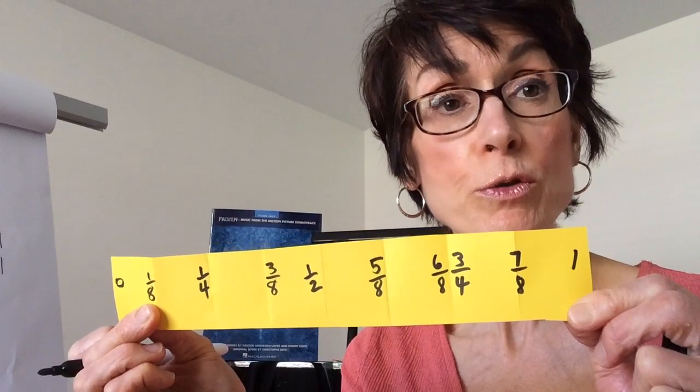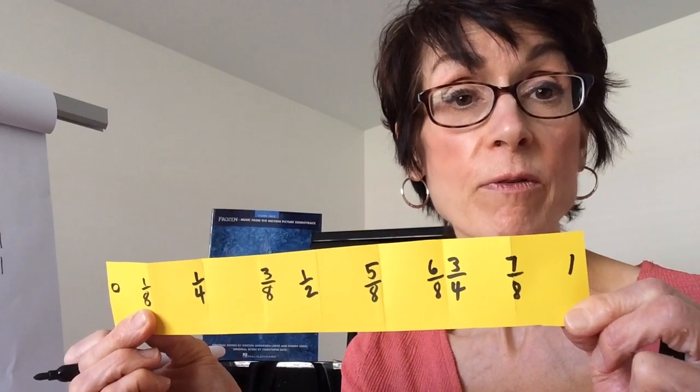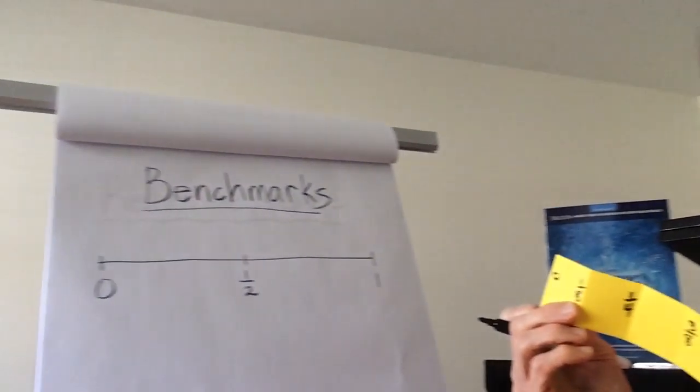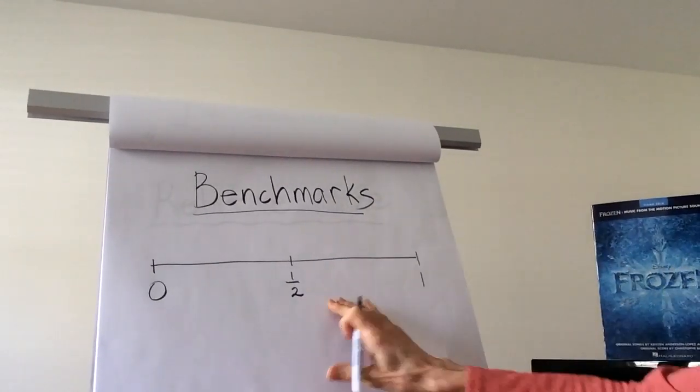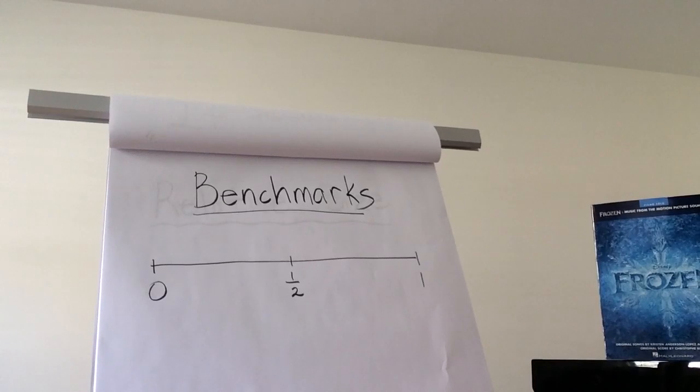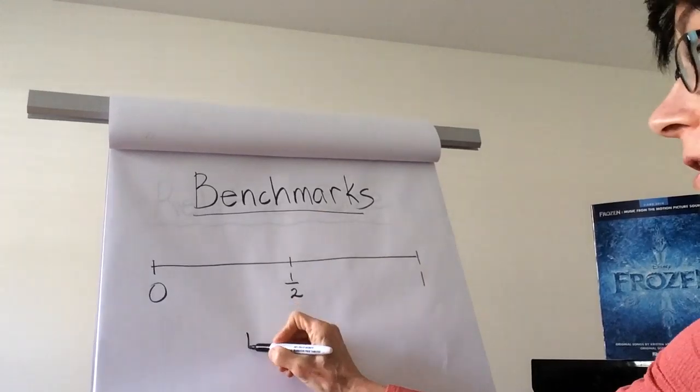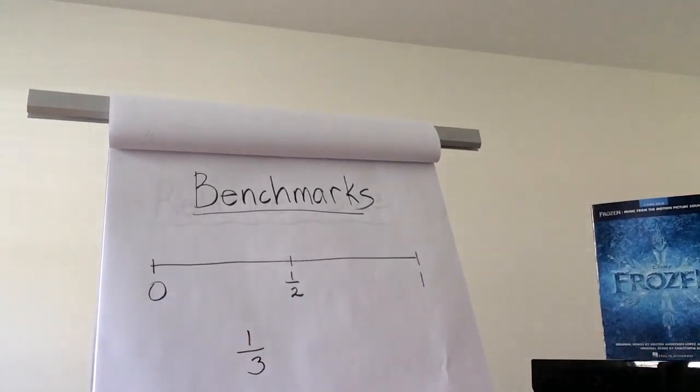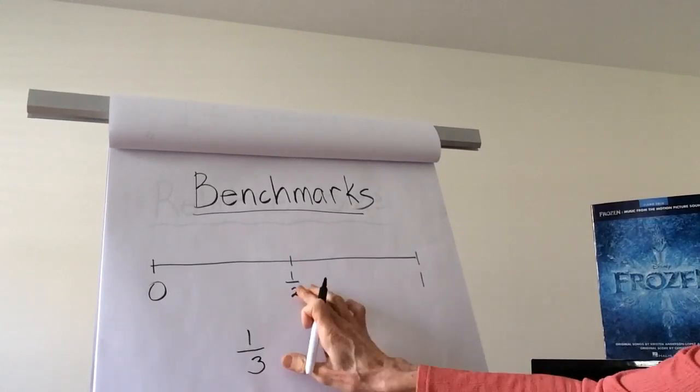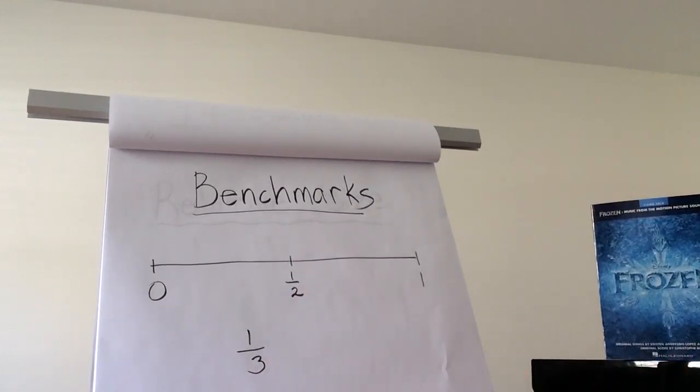And there really are two ways to figure out the size of a fraction. One is using benchmarks. I'm just going to move the easel over so that you can see. So when you have something like a third, where am I going to put a third on my number line? Is a third larger or is it smaller than 1/2?